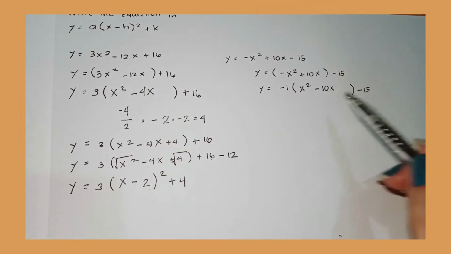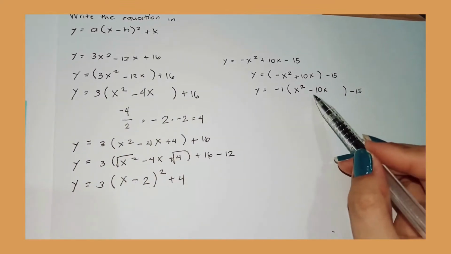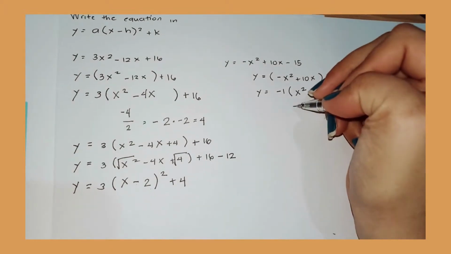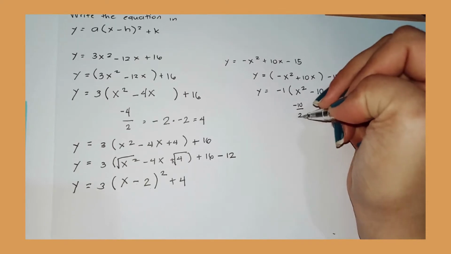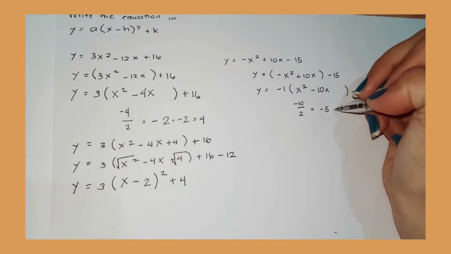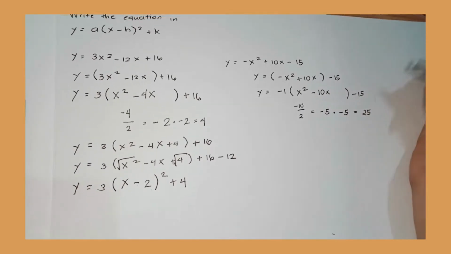Next na gagawin, we need to make this one into a perfect square trinomial. So, kukunin natin yung pinakagitnang number, negative 10. I-divide natin siya sa 2. The answer is negative 5. Ang negative 5, i-multiply sa sarili niya. The answer is 25.